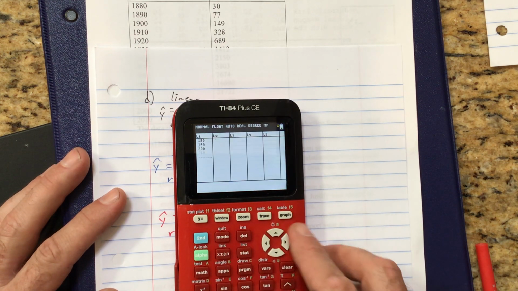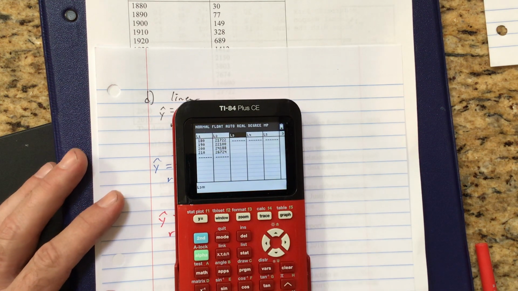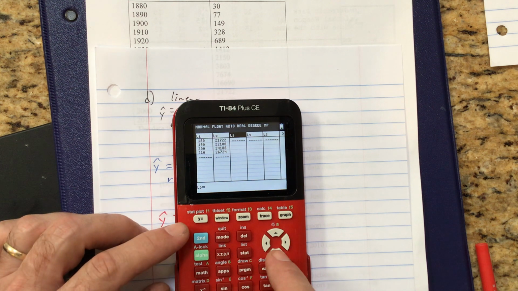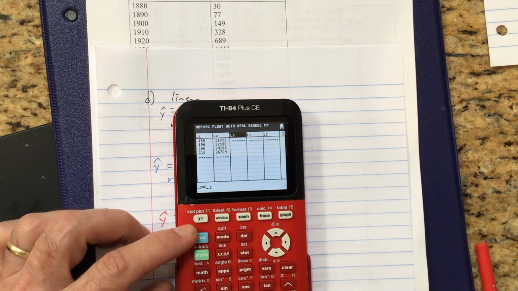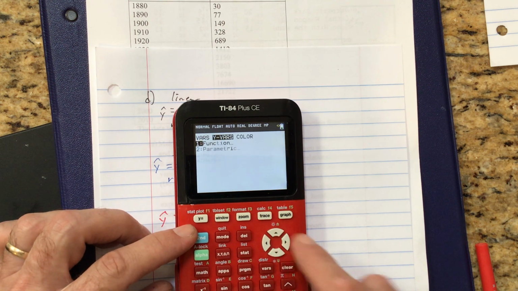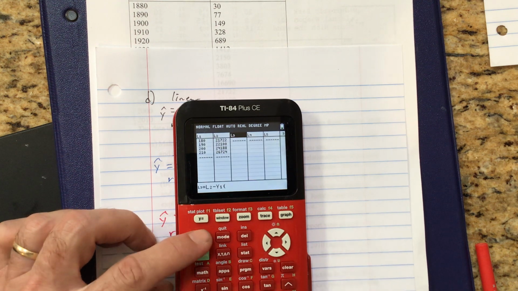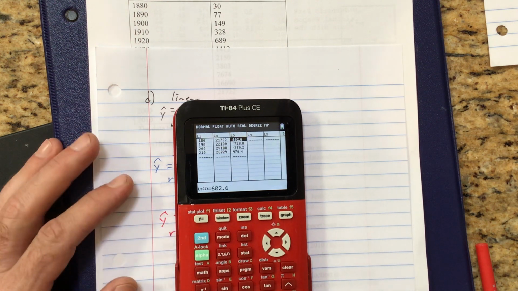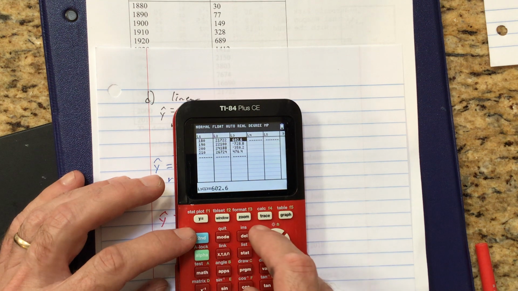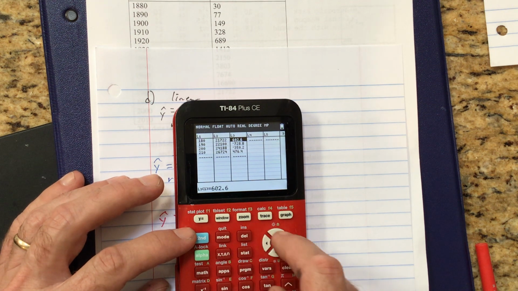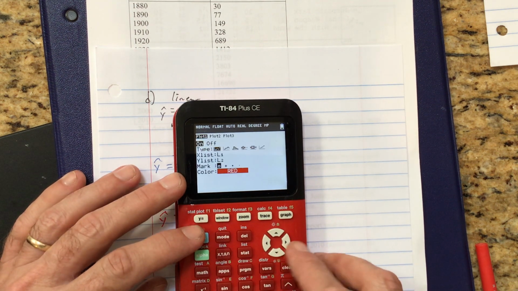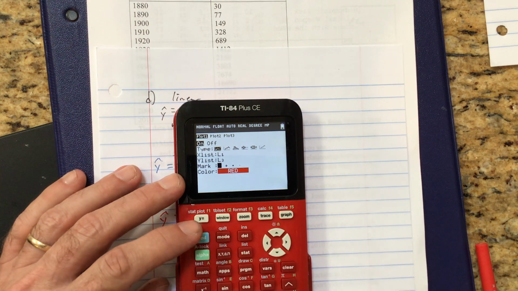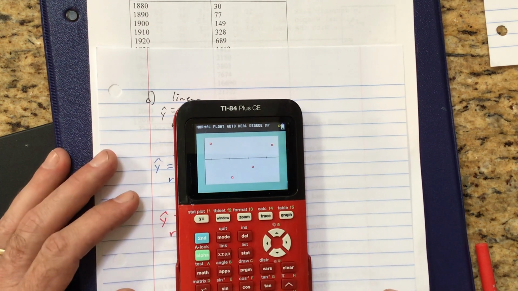So here we go. For linear, I'm ready to roll with my residuals. Observed y minus predicted y. And let's do our graph. List 1, list 3. And there we go.